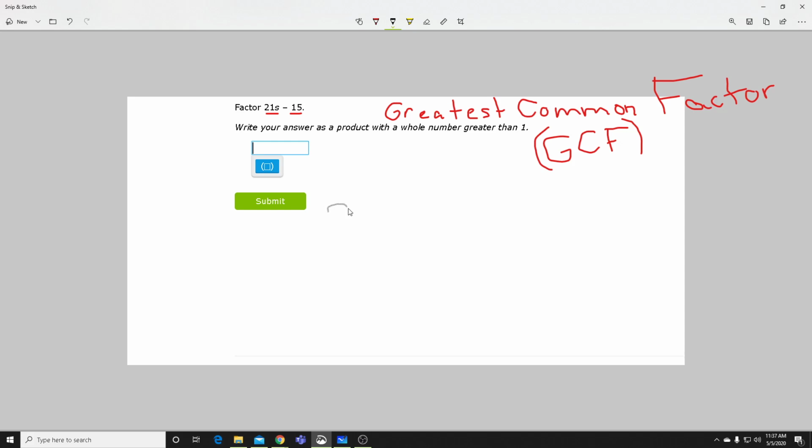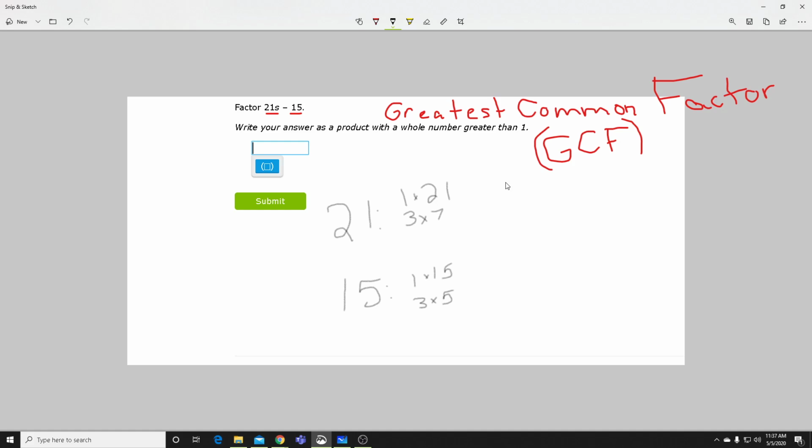So let's just list off factors of 21, factors of 15. I know 1 times 21 would work, 3 times 7, and I think that's it. 1 times 15, 3 times 5.